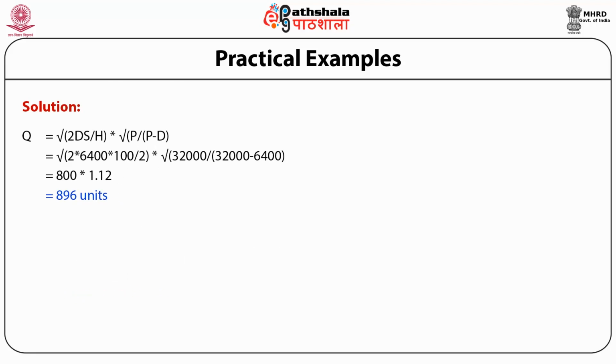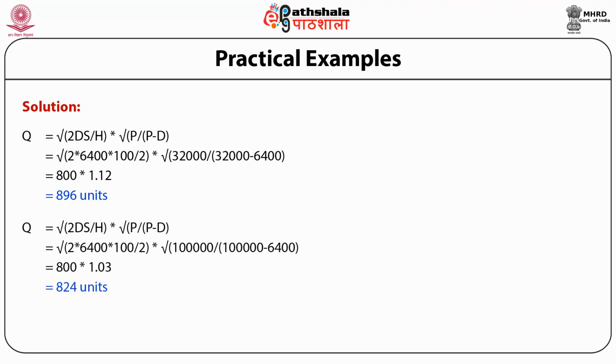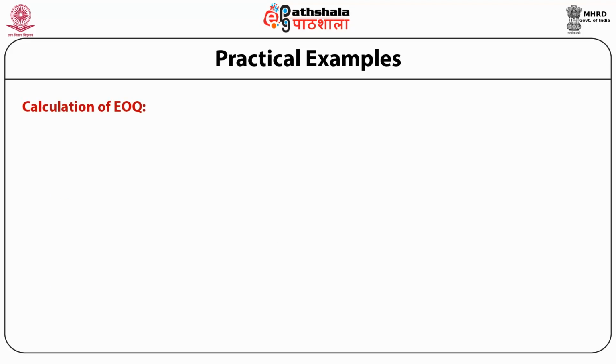C, with 32,000 units per year, by applying the same formula, it comes to 896 units. D, 1 lakh units per year, by applying the same formula, root of 2DS upon H into root of P upon (P minus D), it comes to be 824 units.